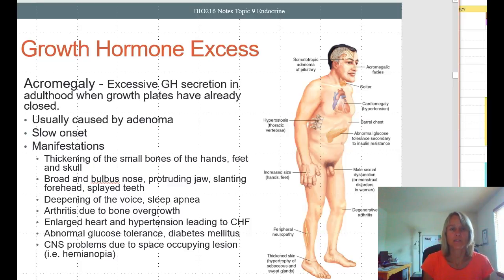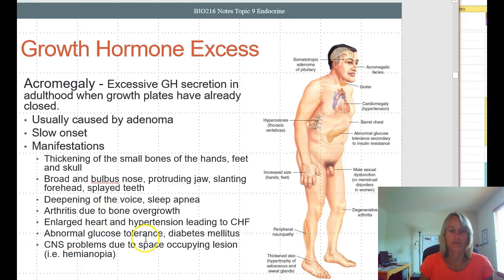And so here the growth plates have already closed, but it can cause thickening, and this particularly causes thickening of the small bones of the hands and feet and skull. It can cause a protruding jaw, slanting forehead, a deepening of the voice, arthritis due to bone overgrowth, enlarged heart, and hypertension. That can lead to congestive heart failure.